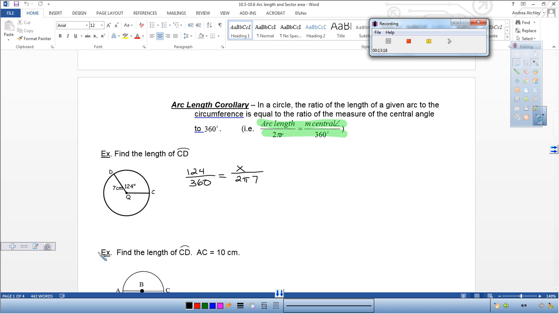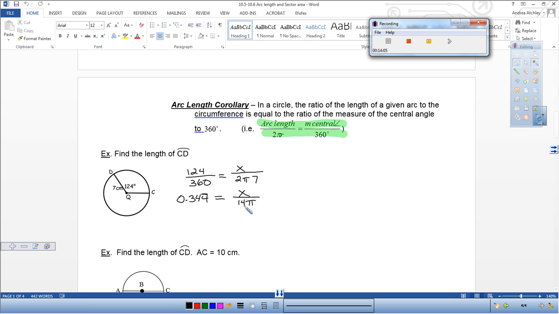So you could cross multiply. I'm going to do it a little different. I'm going to divide this and find what percent that is. Okay, that percent, about 34%, I'm going to leave it as a decimal because we're not done using it.